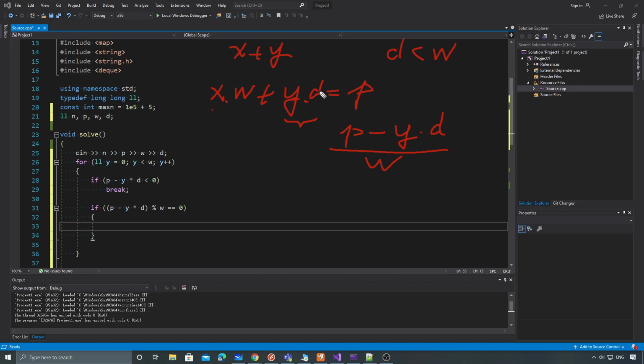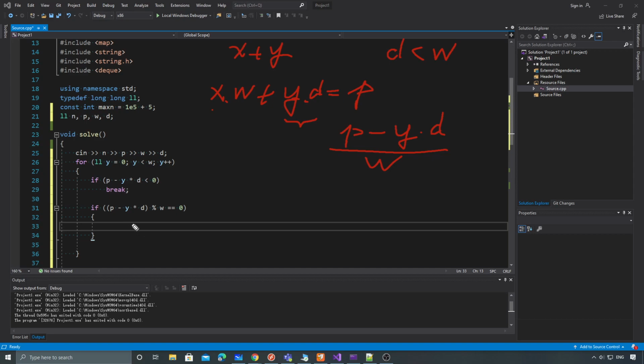Because if we try to allocate more values from the left side to the right side, we're going to need a bigger Y to satisfy that condition. But if we move everything to this left side, because the factor of W is bigger, we can use a smaller total value of X plus Y to get the P.